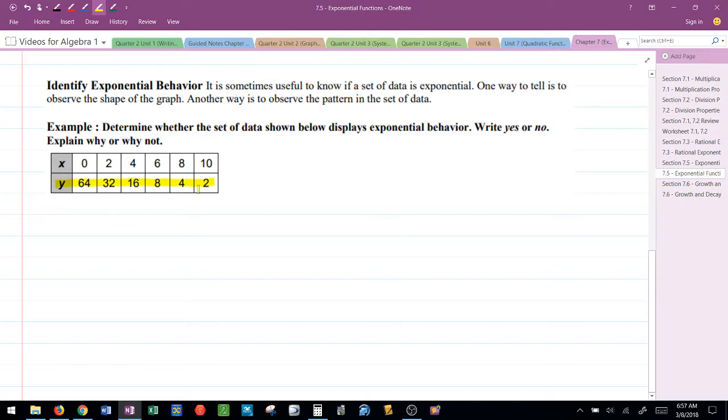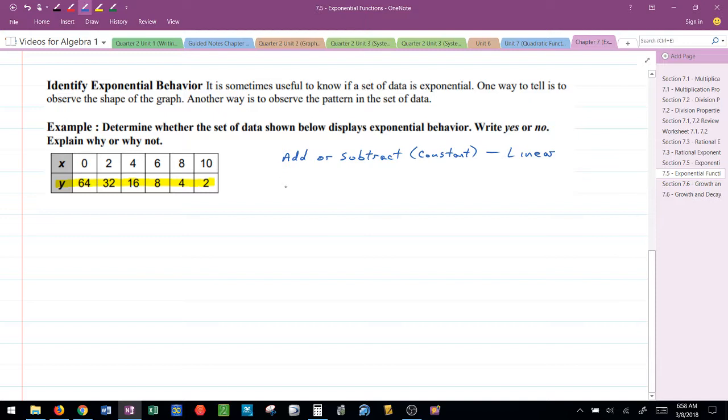All right? If you add or subtract by a constant, then that means that the graph is linear, or it's a line.